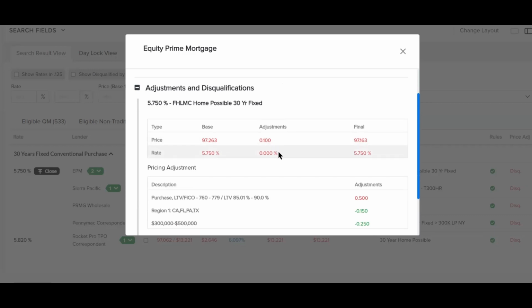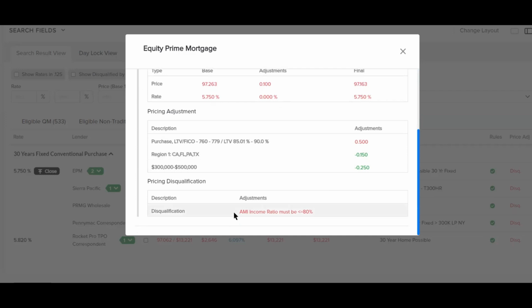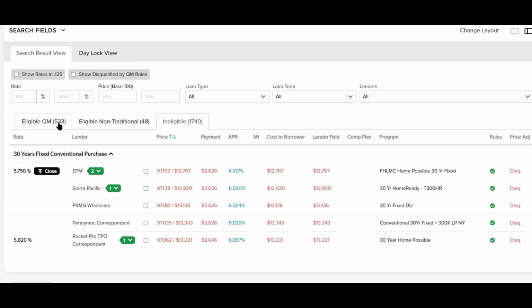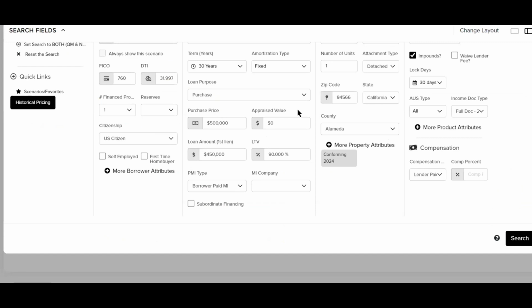Here's the hits that would go on this particular adjustment if it was possible. But because the income is too high, it's above the 80% AMI, therefore it does not apply. So that's why it's ineligible. You're not really going to be looking at why something's ineligible unless it's a real low credit score or something like that.